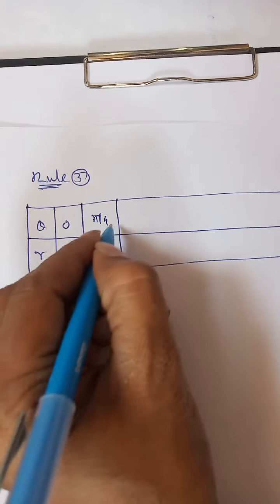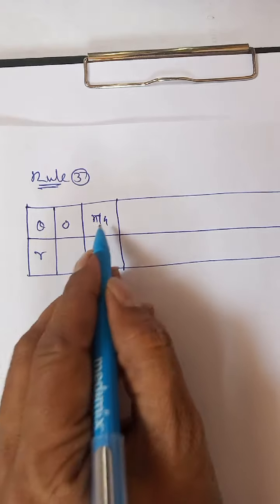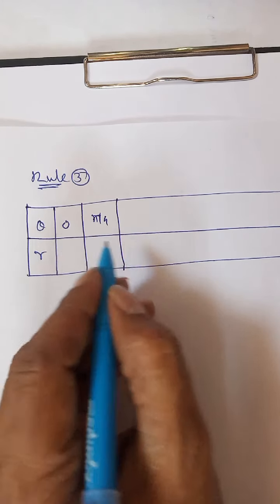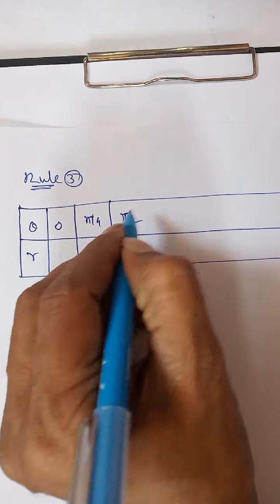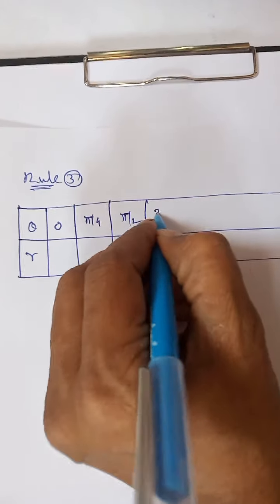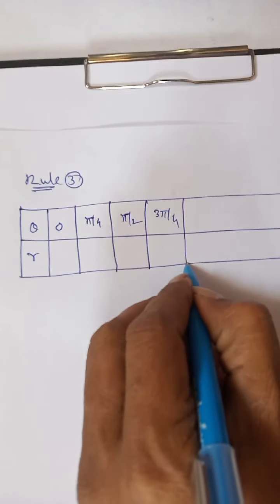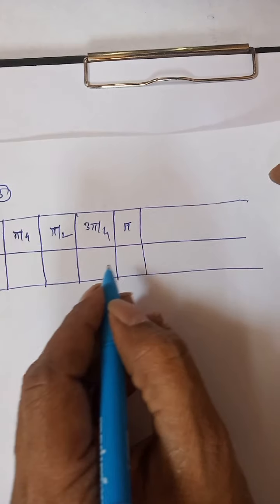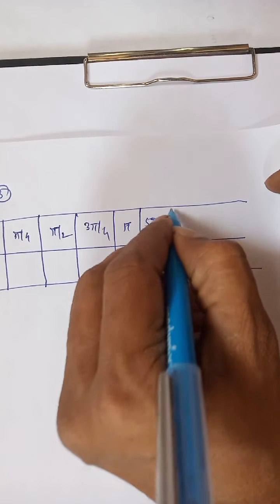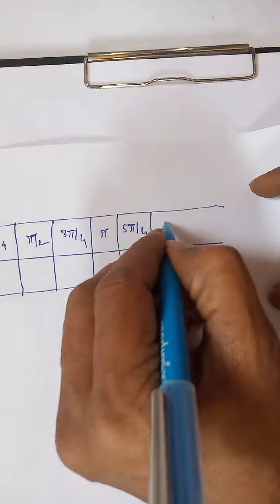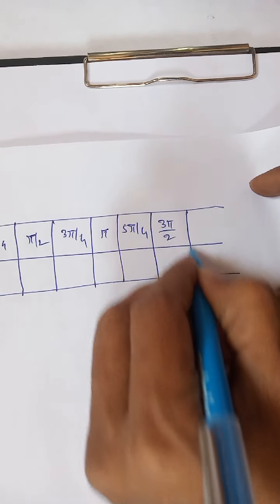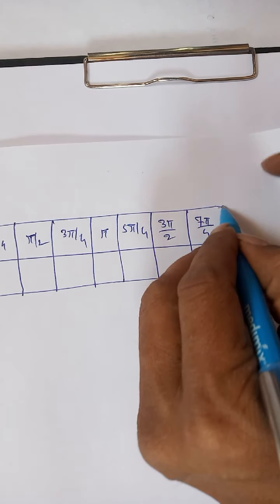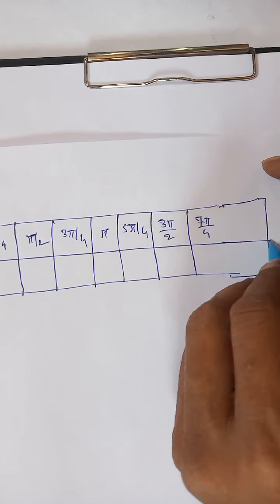You can take any other value in this first quadrant, but for betterment, we'll select this middle value. So 0, pi by 4, pi by 2, 3 pi by 4, then pi, 5 pi by 4, 3 pi by 2, 7 pi by 4, and last 2 pi.